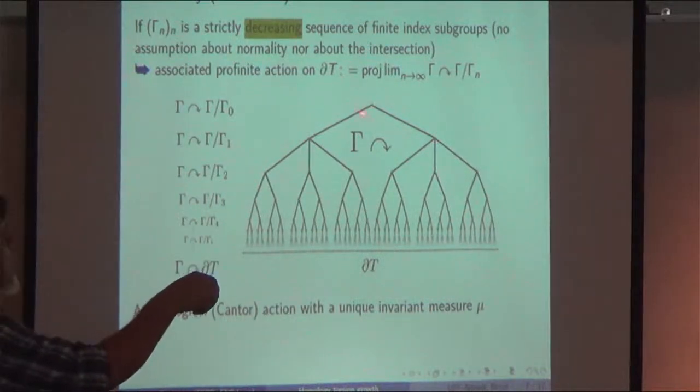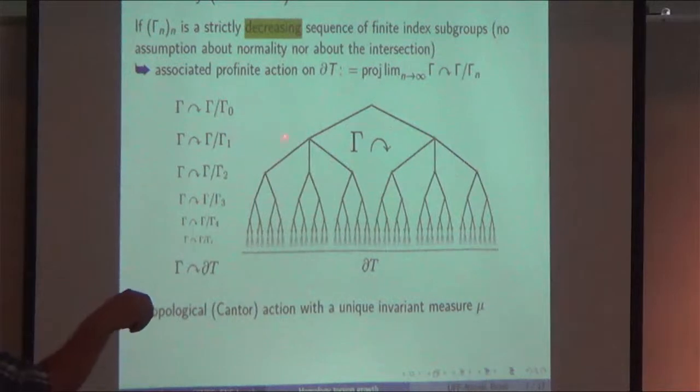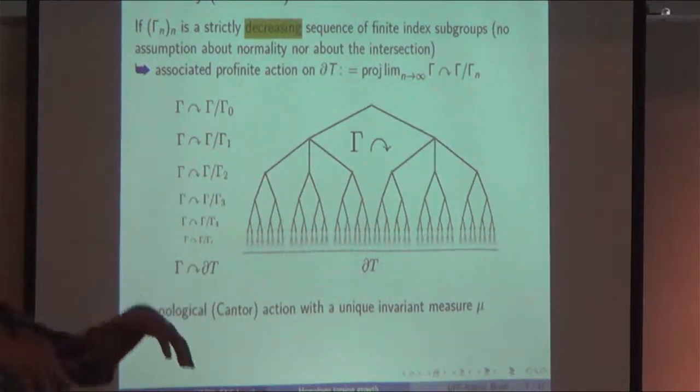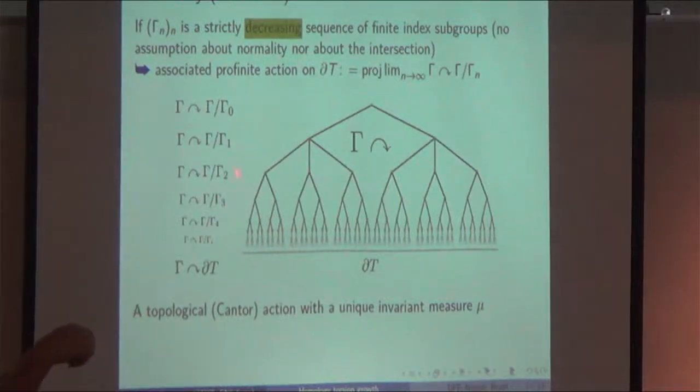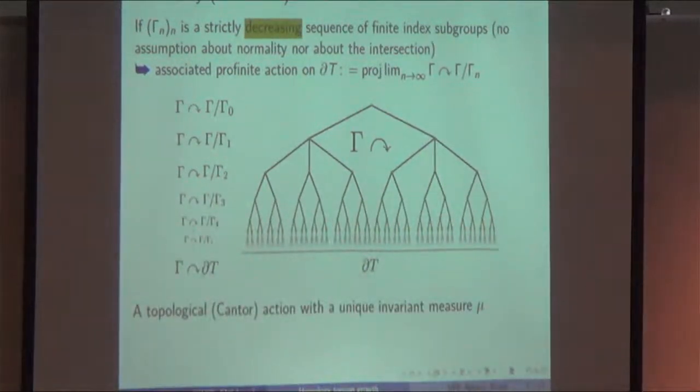Okay, so the tree: the first level is just gamma over gamma 0, gamma over gamma 1, gamma over gamma 2, and you have this tree of cosets, okay?